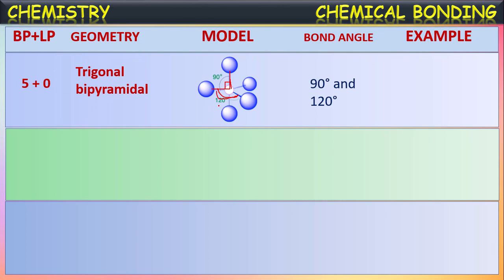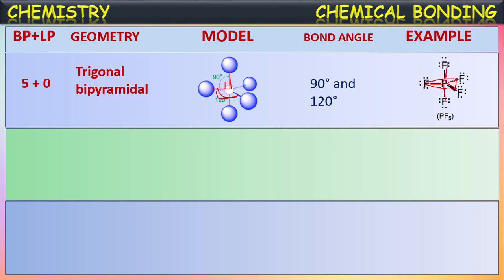Okay, and examples of molecules having this kind of geometry are PCl5 and PF5. These all come under the molecules with trigonal bipyramidal geometry. In this, the central atom phosphorus has 5 bond pairs and no lone pairs. 3 bond pairs are there along with the phosphorus in the same plane, in the trigonal planar shape, and there is 1 bond pair above the plane and 1 bond pair below the plane.